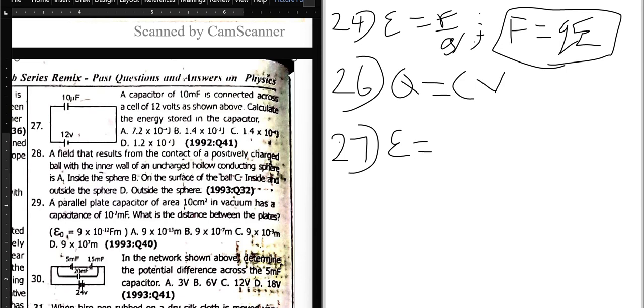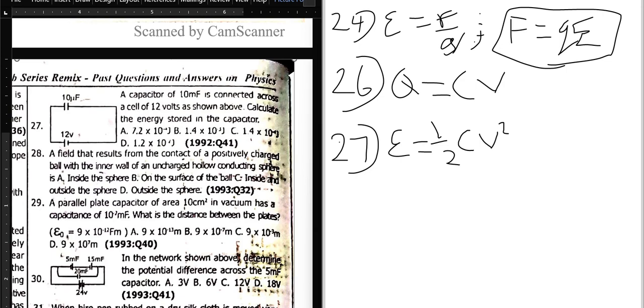The energy stored in the capacitor will be half of your capacitance times V squared. The capacitance is 10 mF. Your V is 12 volts.